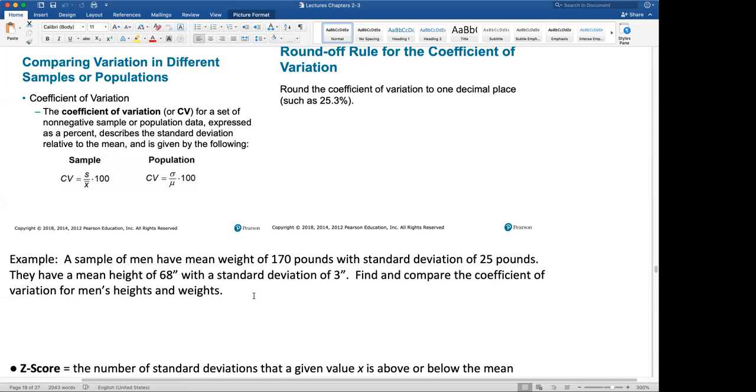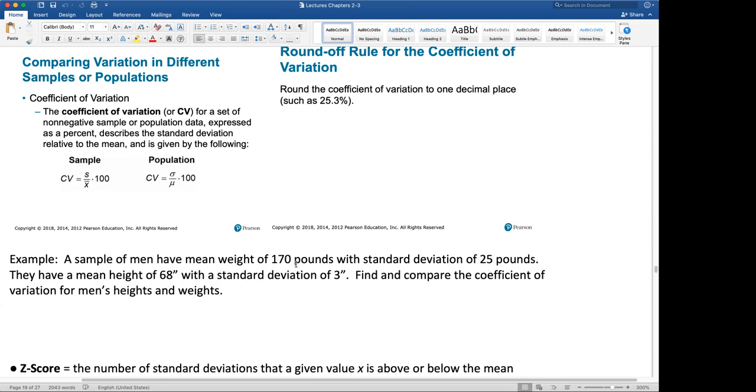We cannot say that the 25 pounds is larger relative to the mean 170 than the 3 inches is relative to the sample mean 68 inches, because the two data sets have different means.